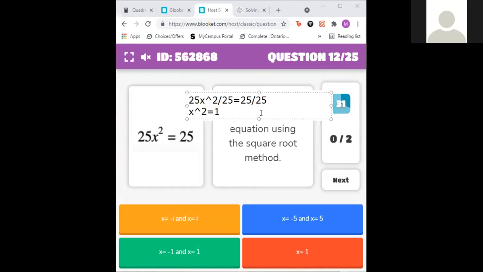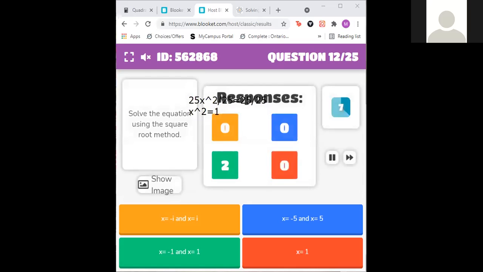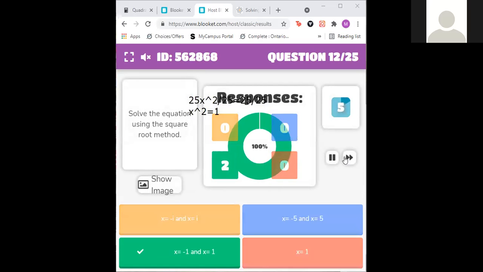Then what would be the right answer? x equals -1 and x equals 1? Yeah, exactly. Correct. So you can write that down. Okay. Good job.